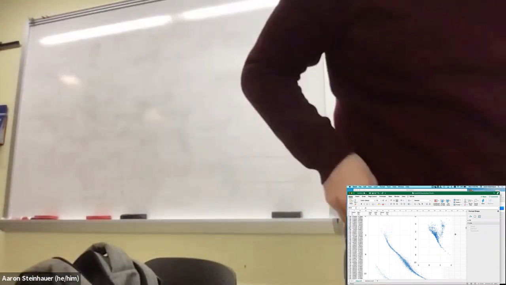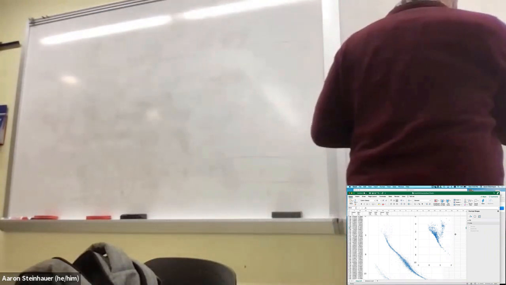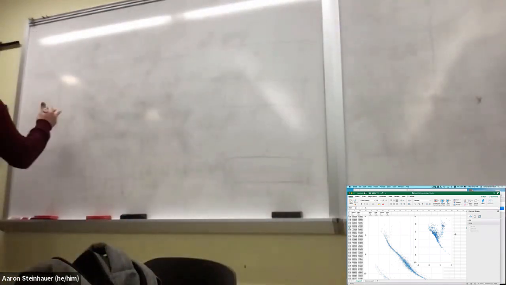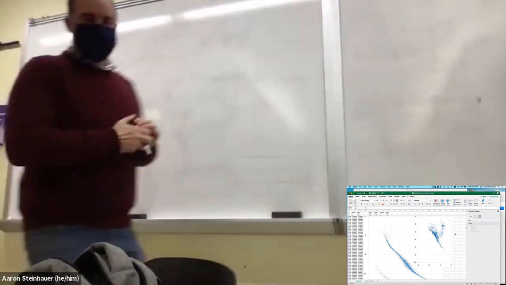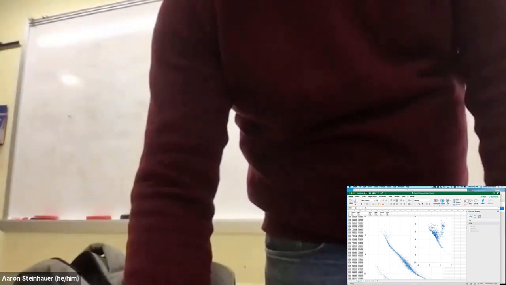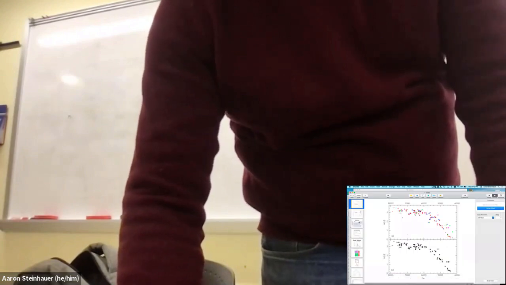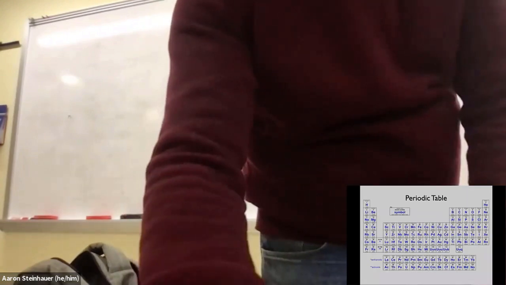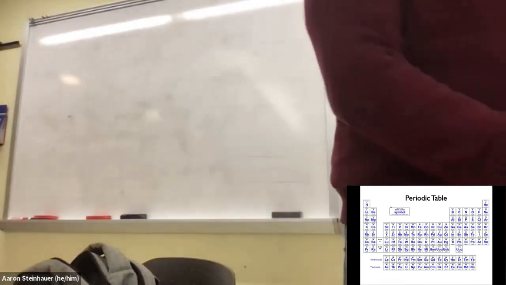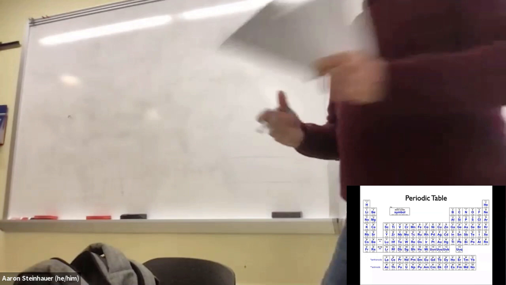We were talking about, and we left off, how to measure the abundances, the compositions of stars, how to express that in numerical terms.